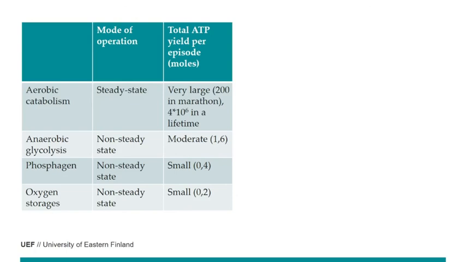But then these batteries, either the battery of phosphate in these phosphagens, or the battery of oxygen in these oxygen storages, are very tiny. So there is only a limited amount of ATP that we can produce during these episodes.